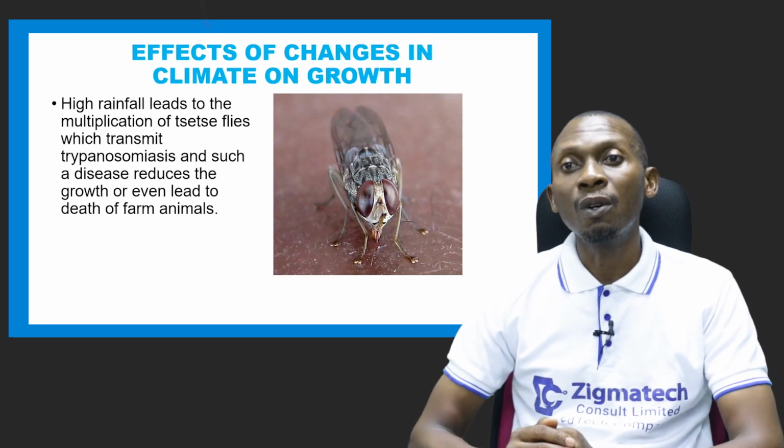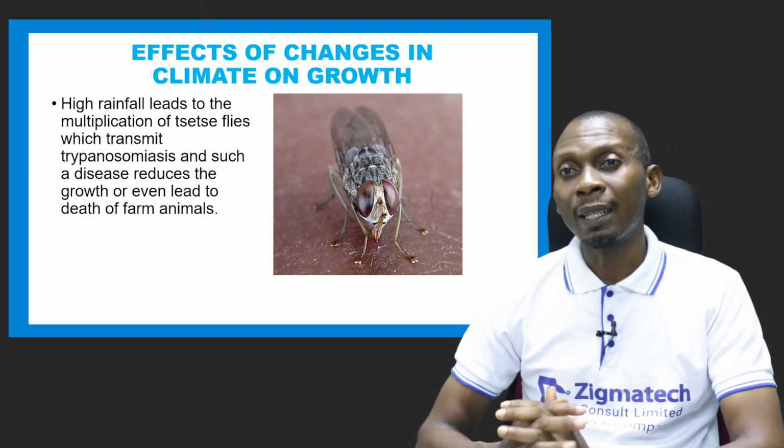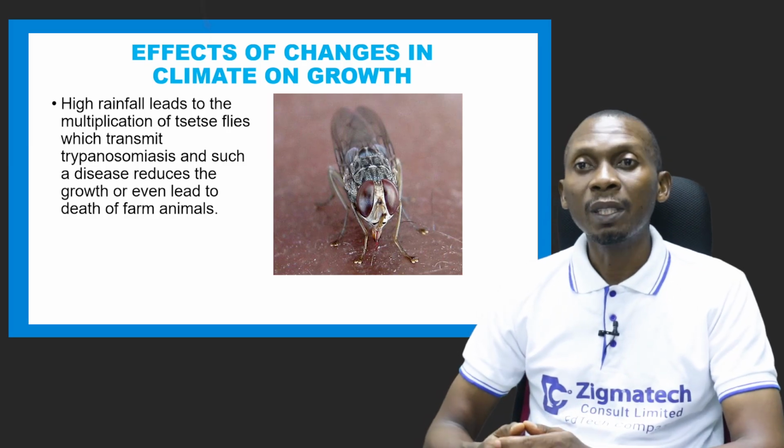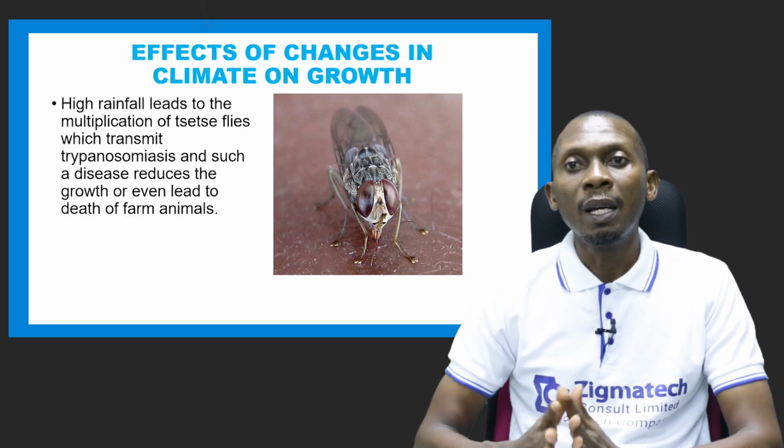High rainfall can also lead to the multiplication of the tsetse fly. Remember, we're talking about climate, and the factors of climate include relative humidity, temperature, and rainfall. So we're looking at the effects of climate on growth.